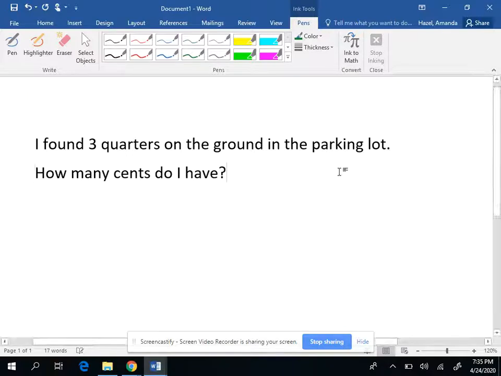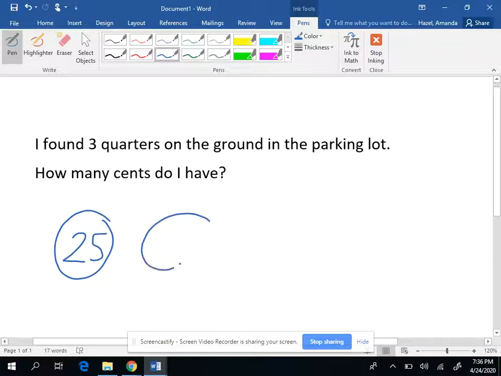How many cents do I have? 3 quarters. How many cents are in 1 quarter? Our biggest coin. How many cents are in 1 quarter? Or, well, yeah, it is the biggest and it's also worth the most. Good. 25 cents. And I found 3 on the ground.